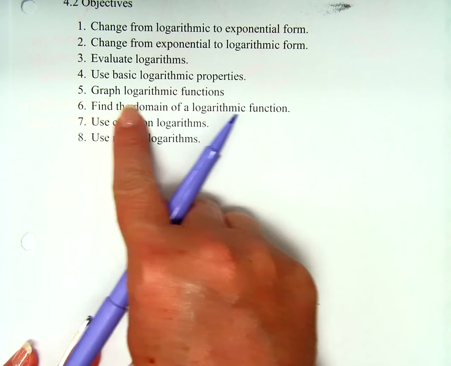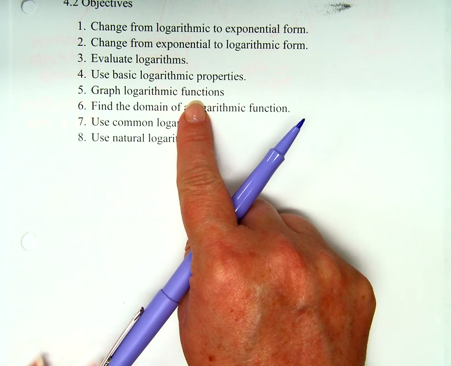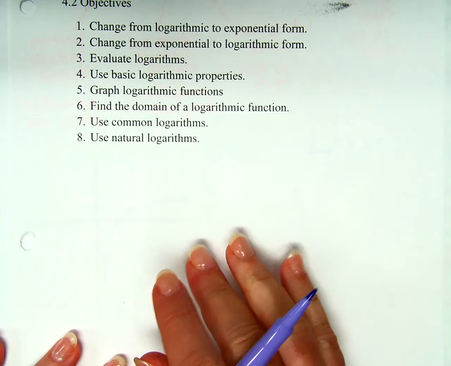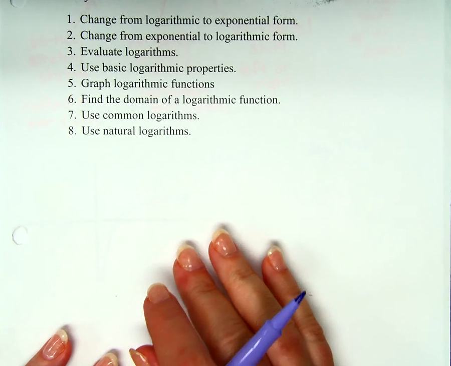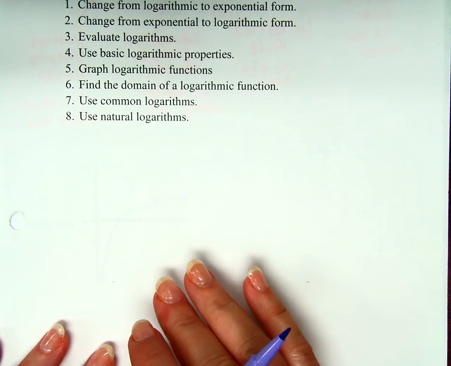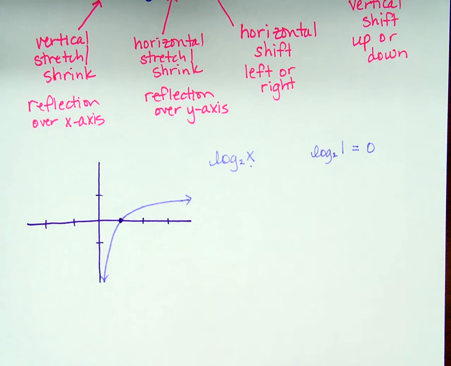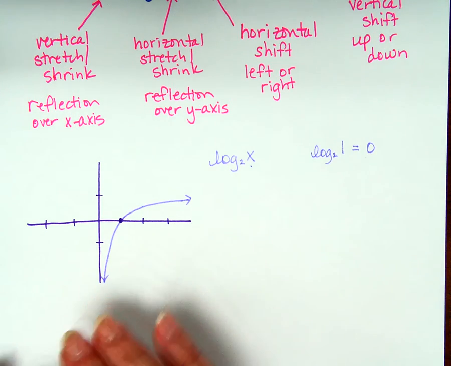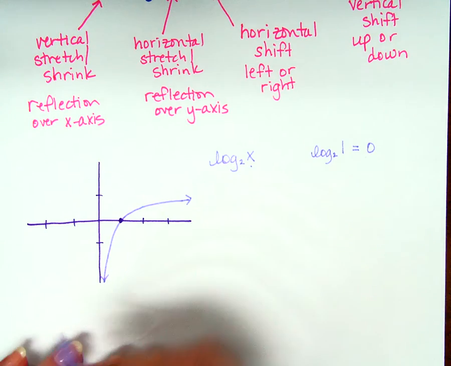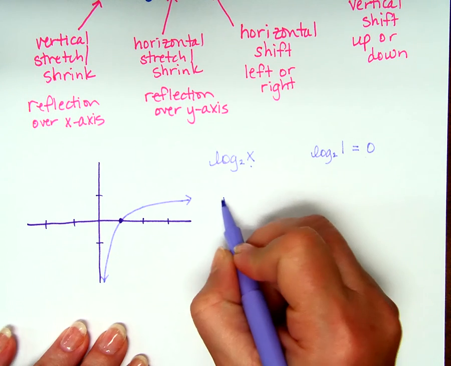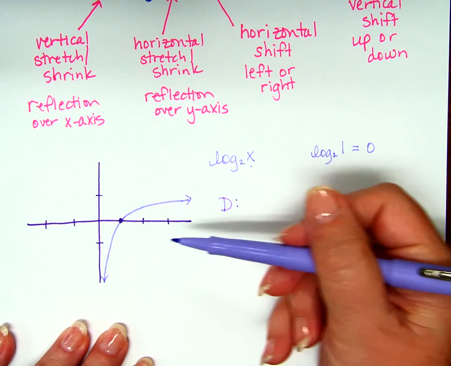So can you use transformations on graphs of logarithmic functions? And do you recognize what the general form or the parent function form is of a logarithmic function? Okay, so then let's find the domain of that logarithmic function. If we're talking specifically about parent function shape, what is the domain of this function? Well, how far left does it go?